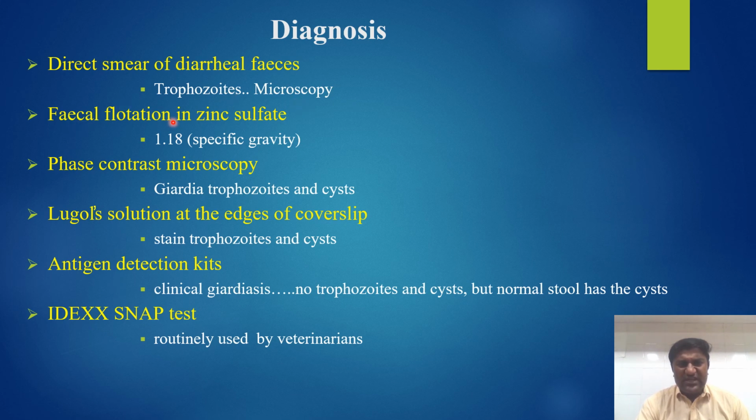Fecal flotation with zinc sulfate of 1.18 specific gravity, and phase contrast microscopy, can show Giardia trophozoites and cysts. If phase contrast microscopy is not available, you can use Lugol's iodine solution at the edges of the cover slip, which stains the trophozoites and cysts, and you can easily observe them.